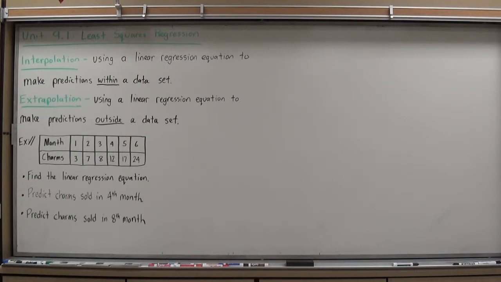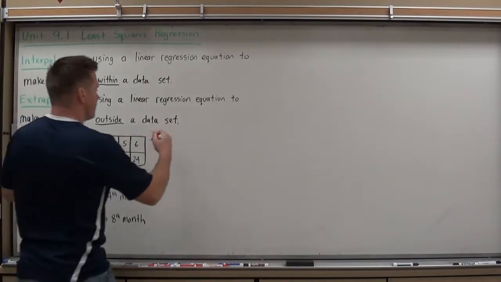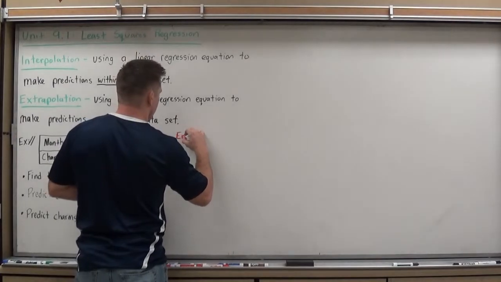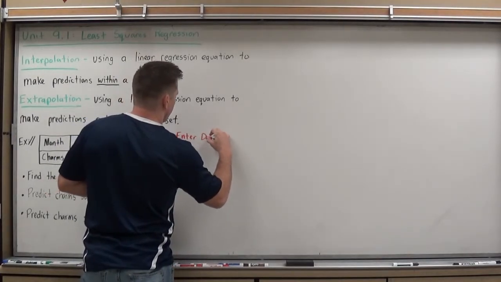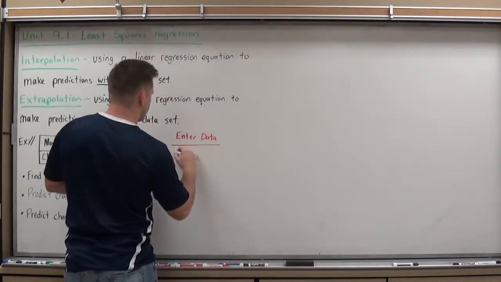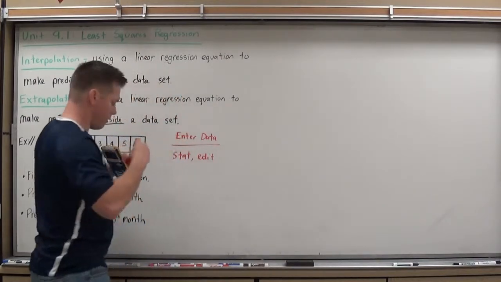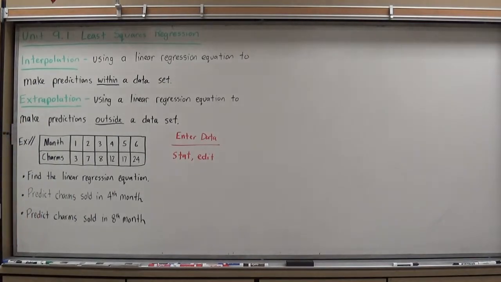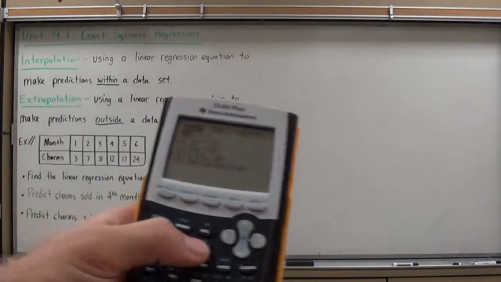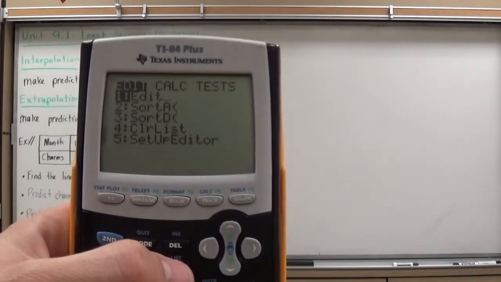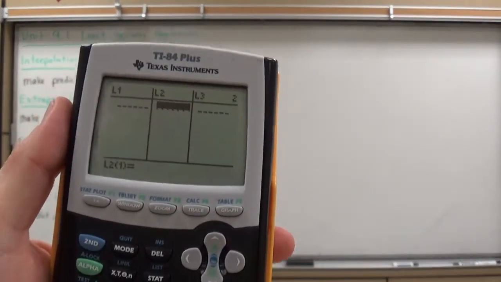So to enter data, I press stat and then edit. And I'll enter my data into L1, L2. I'll try to show that real quick. So I pressed stat and then edit. And then I have L1, L2.